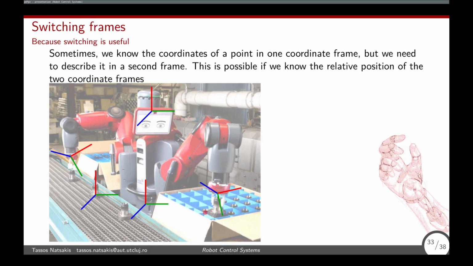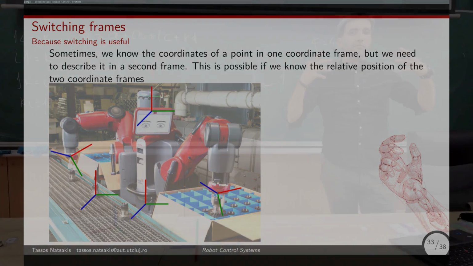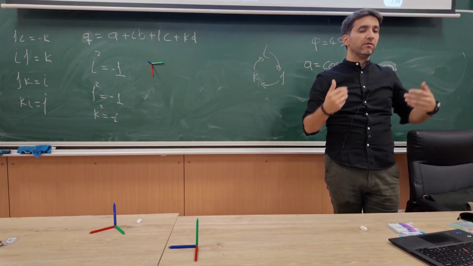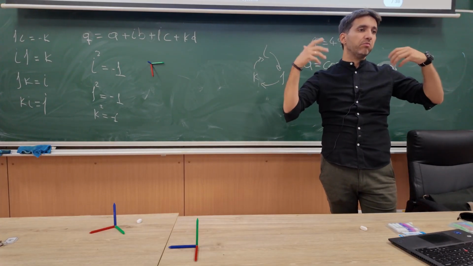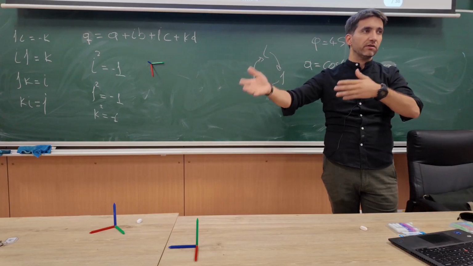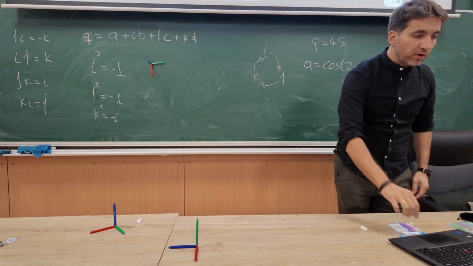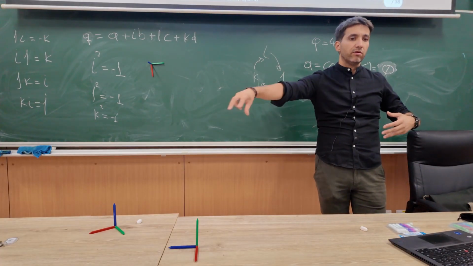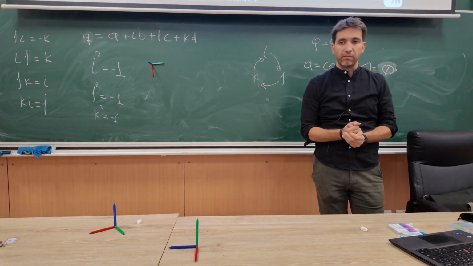of an object, but it will do it in its own frame. The camera understands things from its own perspective, right? So it will tell us the position and orientation of an object in its own frame, but we'll need to somehow transform it into the reference frame of the robot so that the robot knows where it has to go and pick anything up.